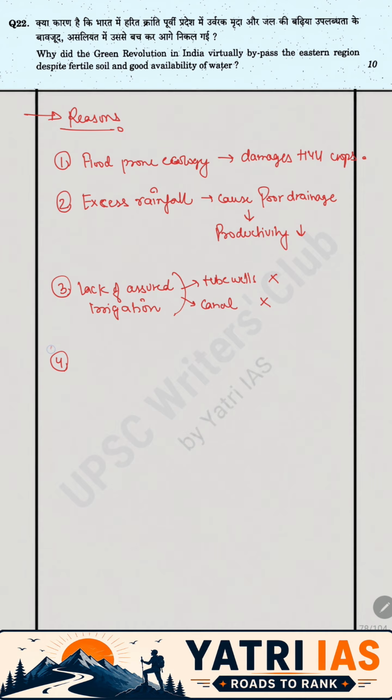Then you could mention a very important point, that is fragmented land holdings. Since we mentioned that nearly 85% of Indian farmers are small and marginal, the land that they hold is fragmented and small. This prevents mechanization.